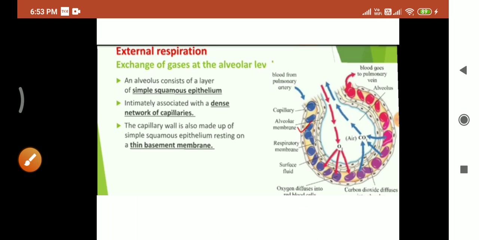When you start writing about external respiration, first of all you have to start with the alveolus. The alveolus is made up of epithelium and is covered with a dense network of capillaries. The capillaries are also made up of a thin basement membrane, that is, simple epithelium.